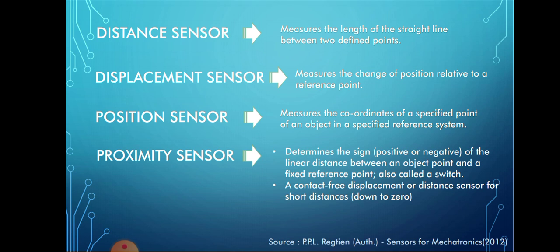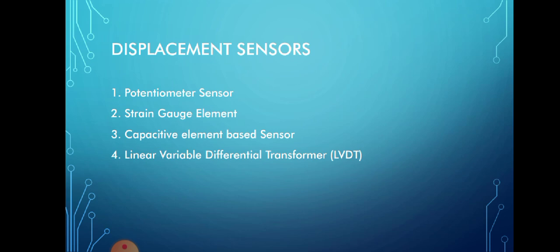Then a proximity sensor determines the sign, positive or negative, of the linear distance between the object point and a fixed reference point, also called a switch. A contact-free displacement or distance sensor for a short distance, right? Proximity sensor measures the displacement between two charges, negative or positive.